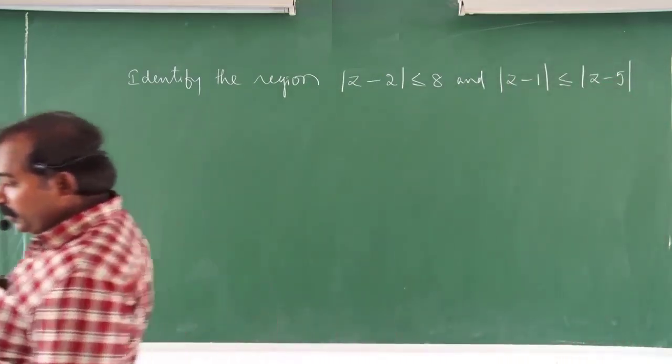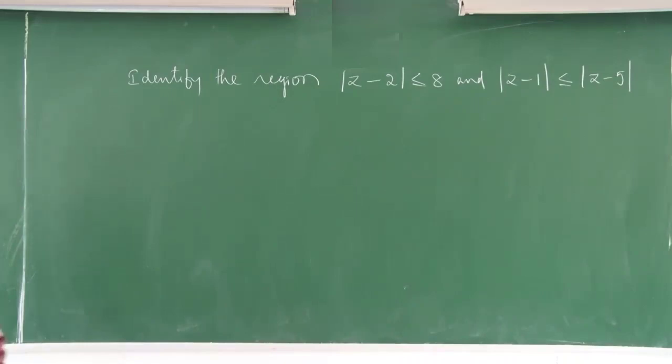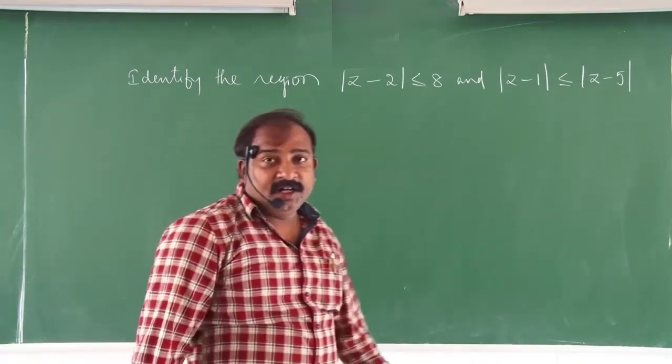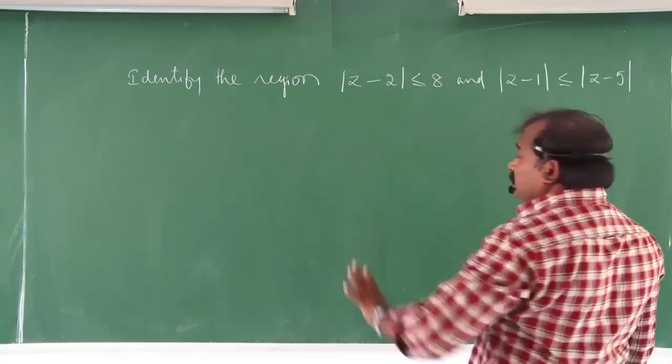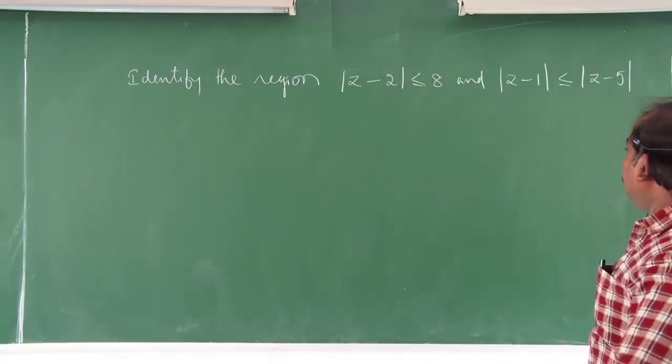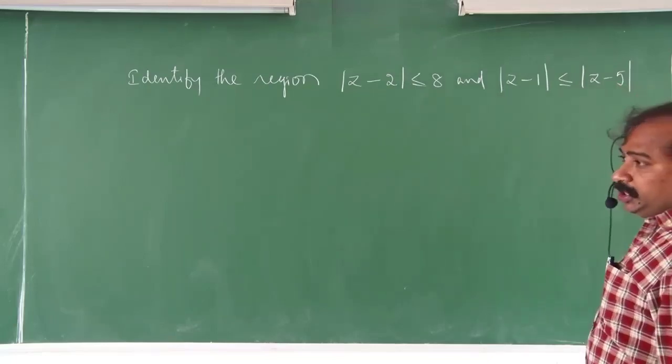Identify the region which is bounded by these values, |z − 2| ≤ 8 and |z − 1| ≤ |z − 5|.